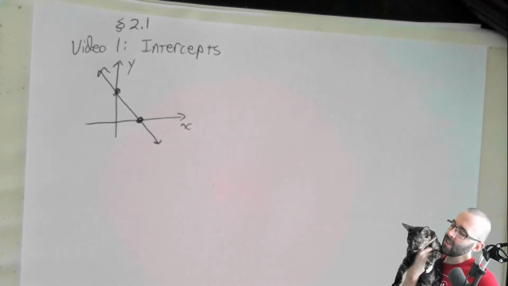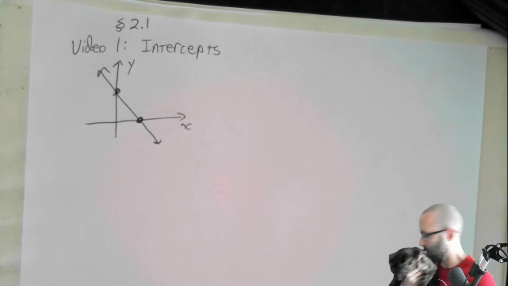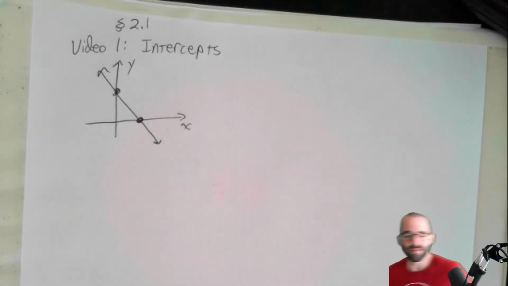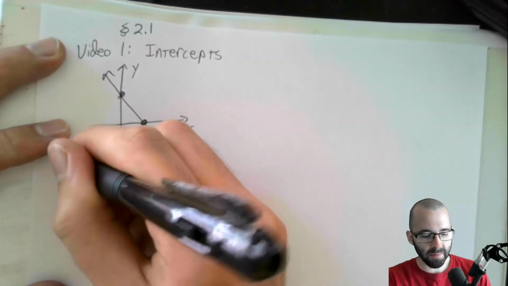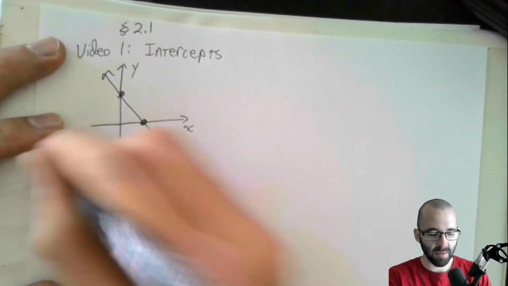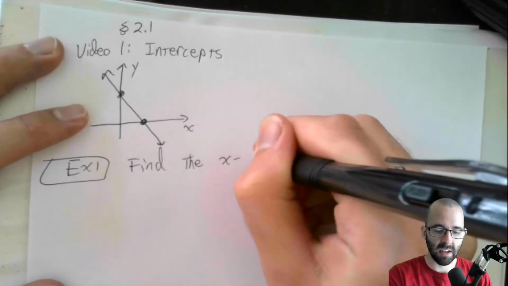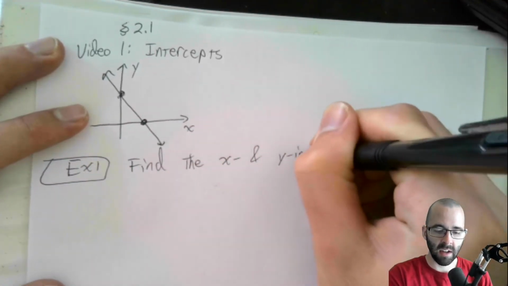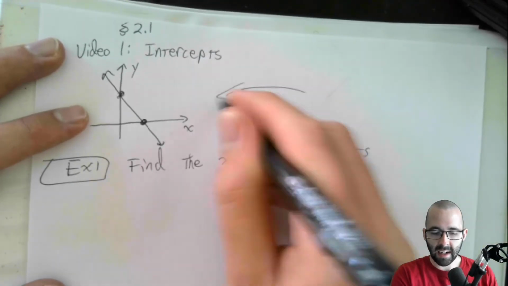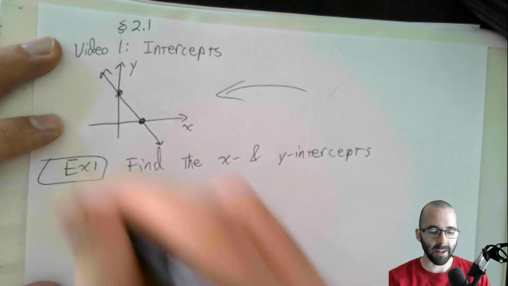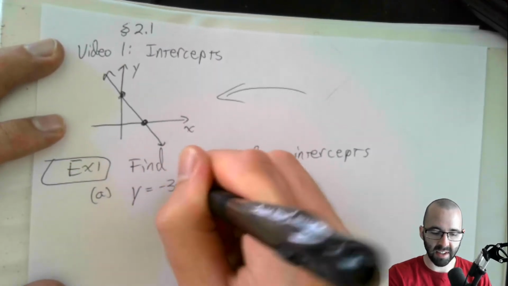Next, we're going to talk about how to find them given a function. So let's get into things. In example 1, find the x and y intercepts. Part 1: y equals negative 3x plus 6.